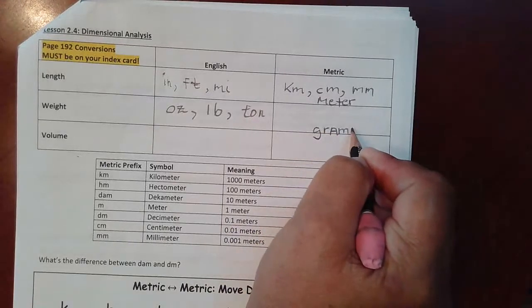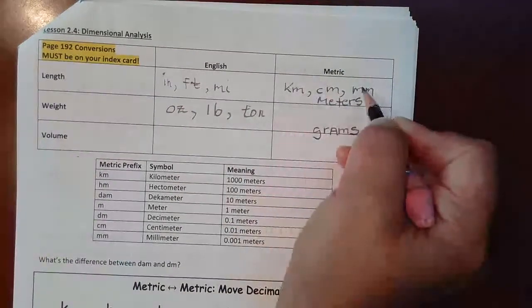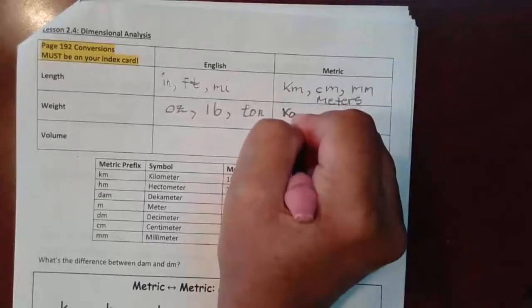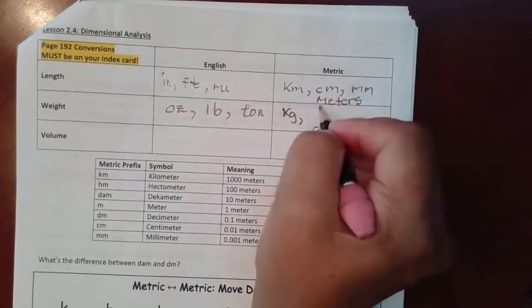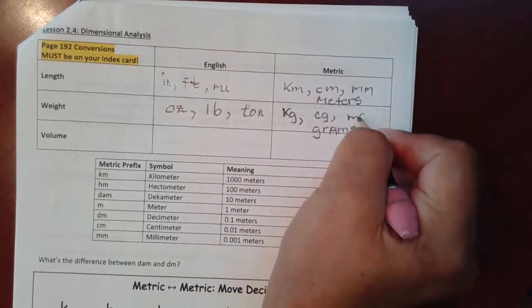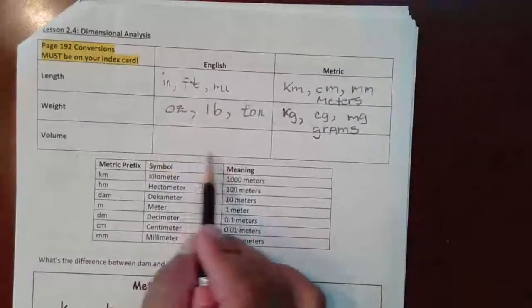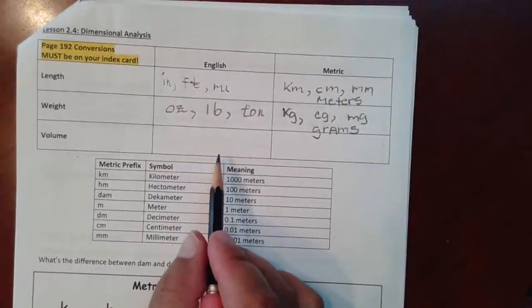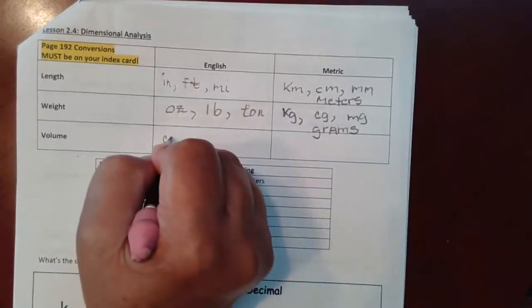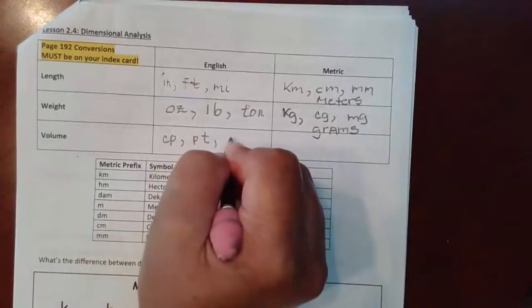But again, you can still use these little abbreviations here. Instead of a kilometer, you could call it a kilogram. And instead of a centimeter, it would be a centigram, and so forth, and a milligram. Okay, when you're talking volume, liquid that you're trying to measure, common units for us would be a cup, a pint, a gallon.